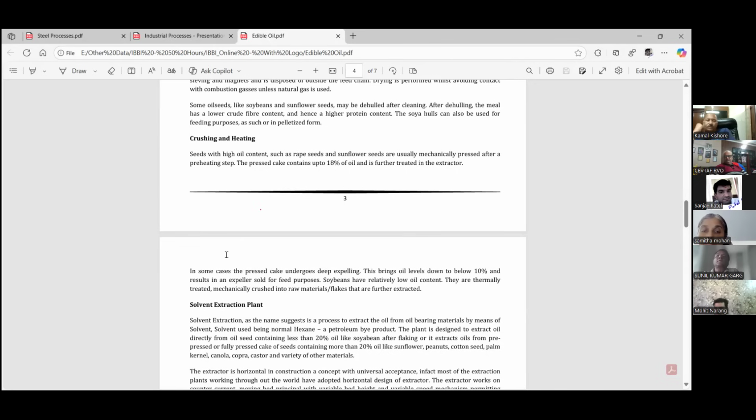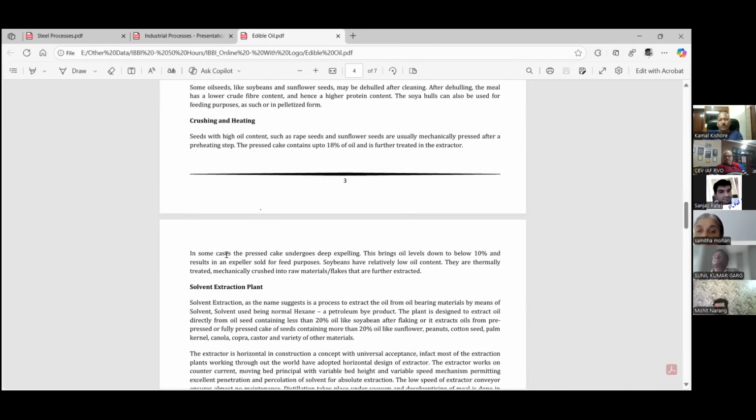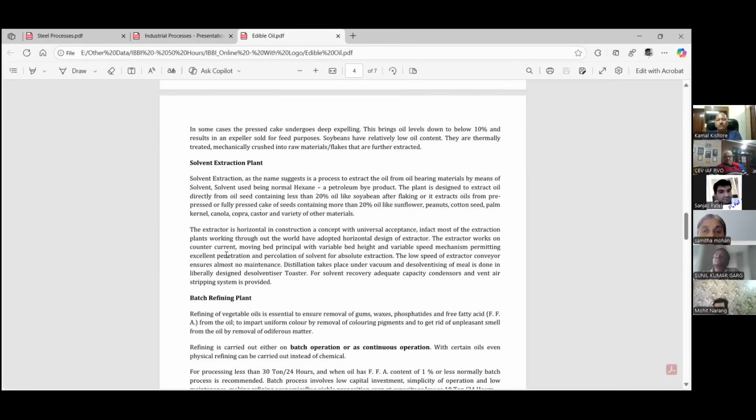From the crushing process, we hardly get 10 to 15% of the oil content available in the seeds. So by the physical process, we are not getting all the oil available in the seeds. Further, it goes for a chemical process called the solvent extraction plant.